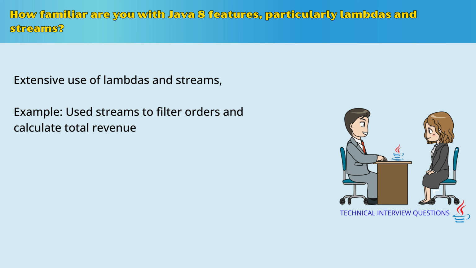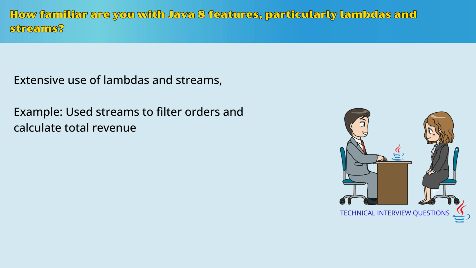They are particularly useful when working with collections or performing operations that involve a lot of boilerplate code, such as filtering or mapping. Streams, on the other hand, provide a powerful abstraction for processing sequences of elements, such as collections. They allow developers to perform operations like filtering, mapping, and reducing in a declarative manner, often in a single line of code.